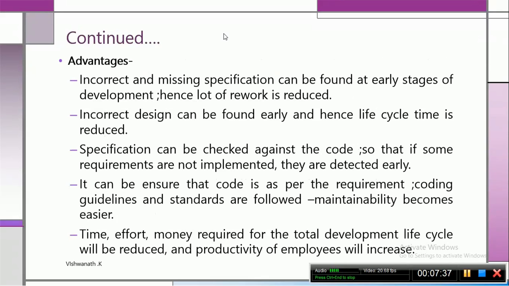Next, what are the advantages of static testing? Incorrect and missing specifications can be found at an early stage of development, since this is a manual review process. The outcome is that a lot of rework is reduced, because we find defects or incorrect or missing specifications at the early stage only.